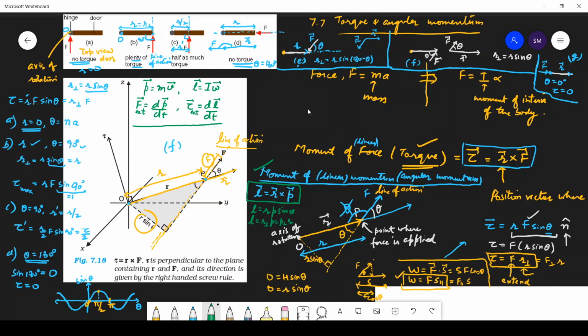So tau internal is equal to 0, just like F internal is equal to 0. So whenever I am writing F or tau, it means net external force or torque. Always remember this thing.